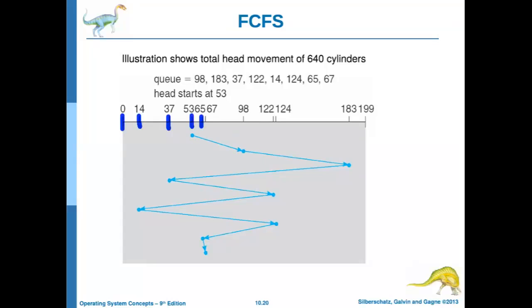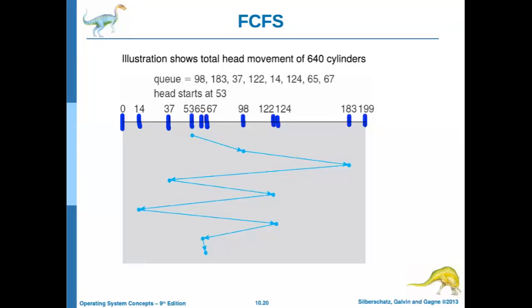So whatever numbers are required from the queue are mentioned here. And then we'll make use of a graph-like thing just to show you the movement, the displacement from the current position to the required or desired cylinder number.